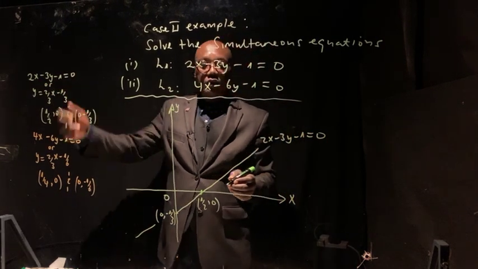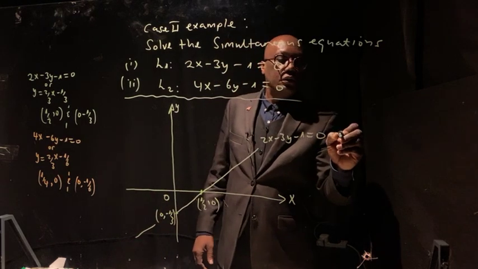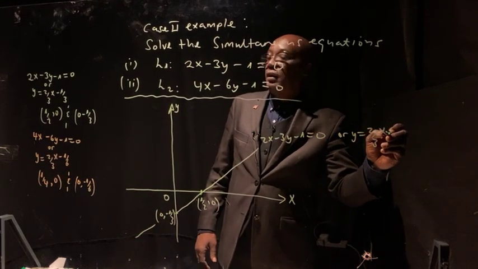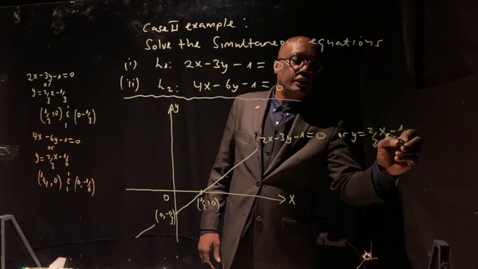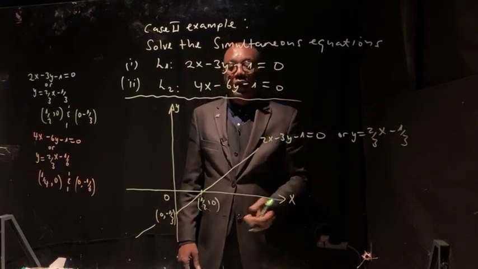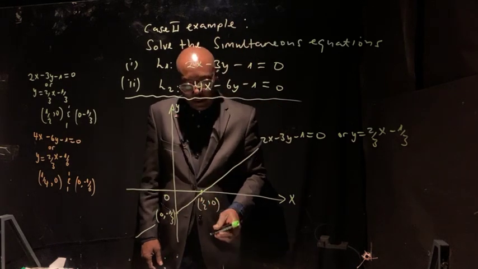Or you can write this one as well, y equal 2 over 3x minus 1/3. They are both equations of a line. Very good.